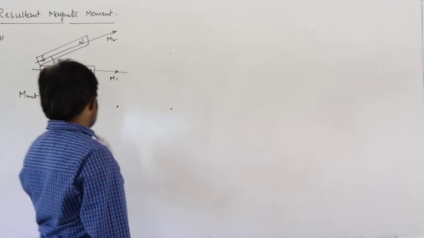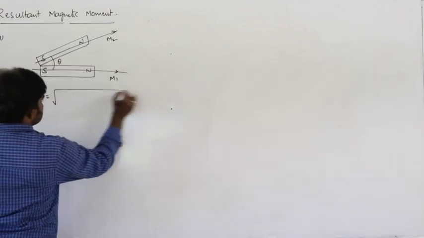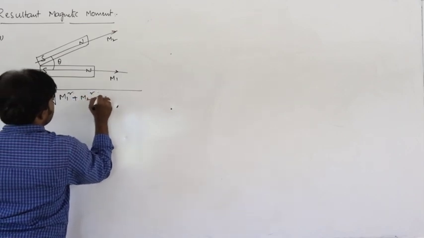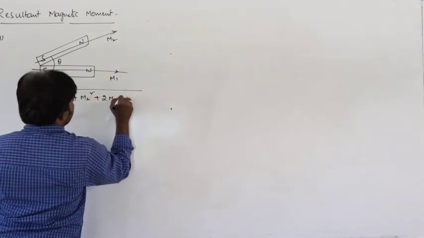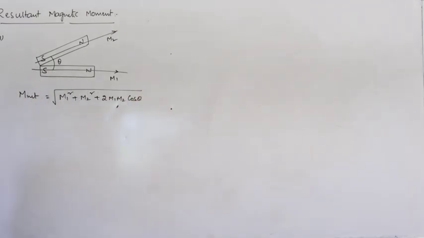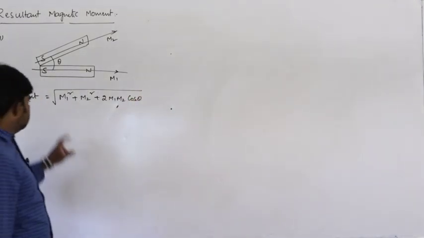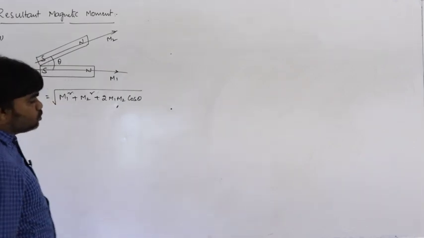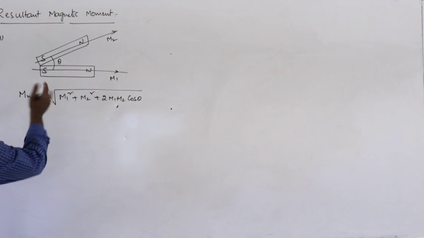So M net can be written as square root of M1 square plus M2 square plus 2 M1 M2 cos theta, just like parallelogram law vector addition. So no doubt about that.